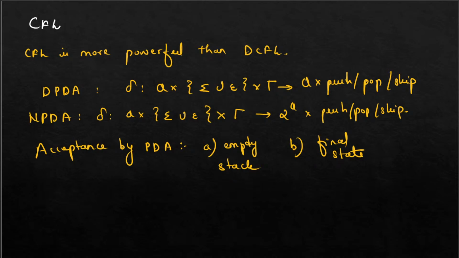By this it can get accepted. Now you should know that we can push more than one element at a time and also pop more than one element at a time. So all this you should know.